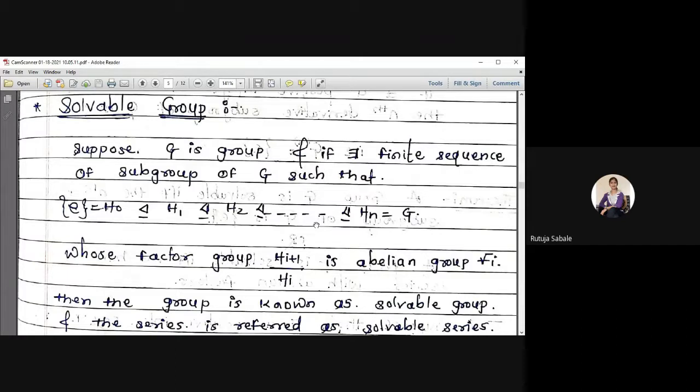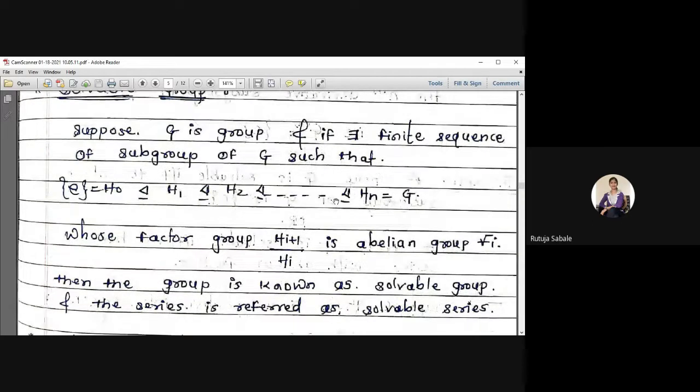If there exists a finite sequence of subgroups of G, that is the singleton E equal to H naught, normal in H1, normal in H2, normal in Hn equal to G, such that the factor group Hi plus 1 upon Hi is an abelian group for all i, then the group is known as a solvable group. The series is referred to as a solvable series.